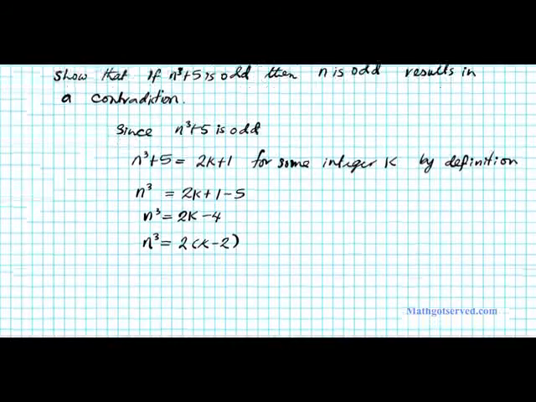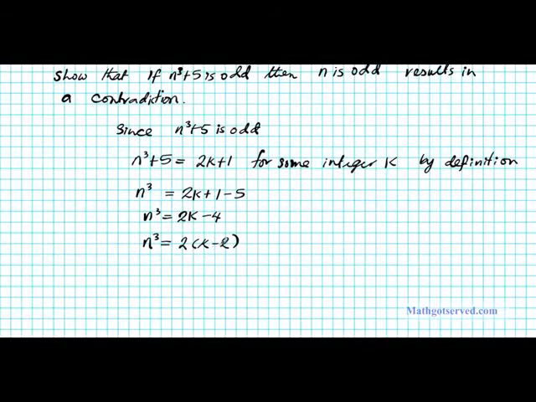And k minus 2 is an integer because we know that integers are closed under addition and subtraction. So k minus 2 is an integer by closure.